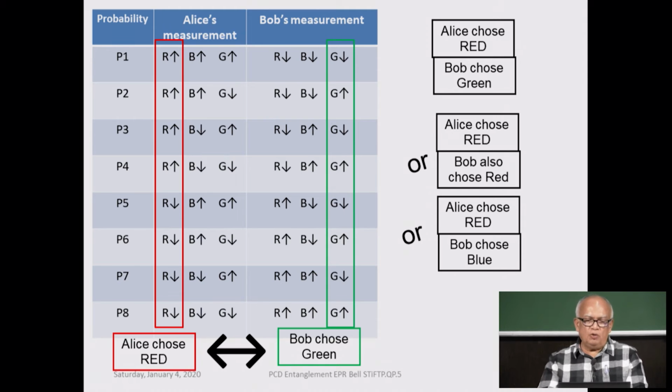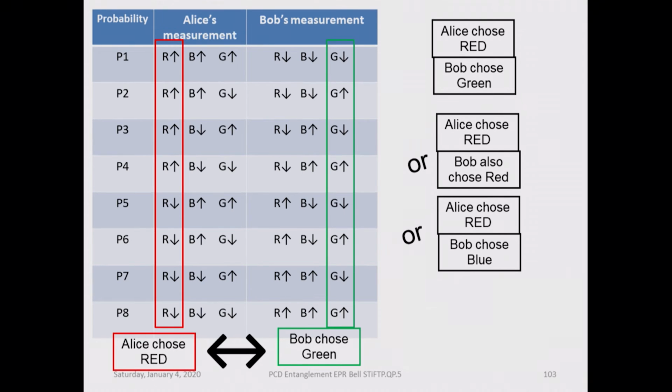So, if Alice chose red and Bob chose green, then this is the combination that you are going to get, okay. And you can get either an up down or an up up or an up down again or an up up, but that also depends on what would be the possibility if they had chosen different orientations, right.